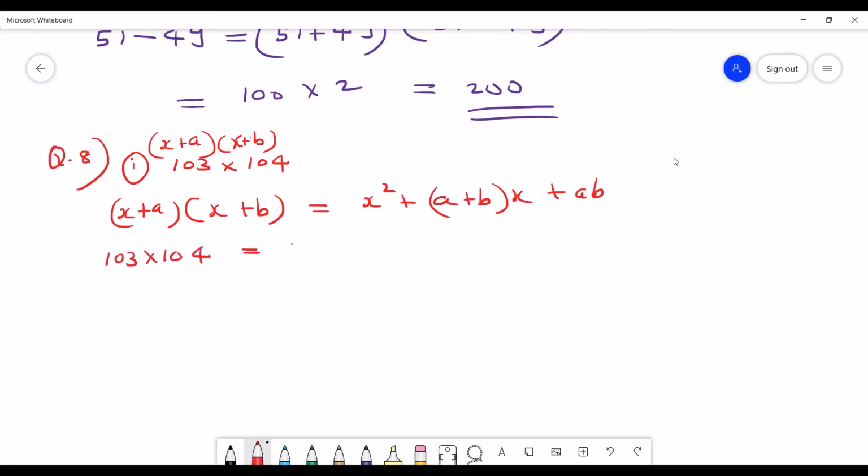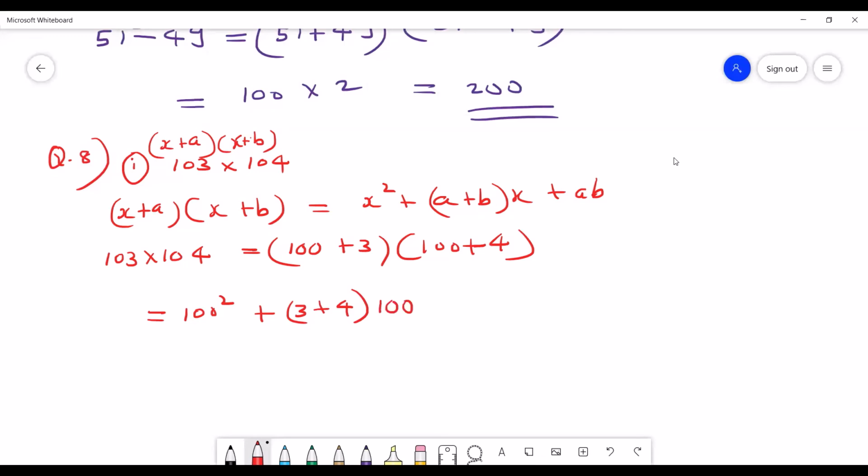That we can write as 100 plus 3 into 100 plus 4. So this is equal to x is representing 100. So 100 square plus a is 3 and b is 4, 3 plus 4 into x, that is 100, plus 3 into 4.